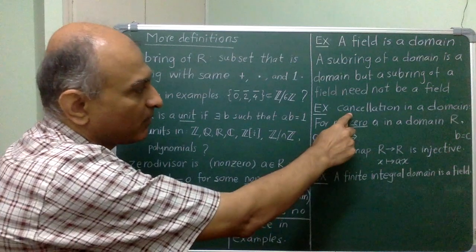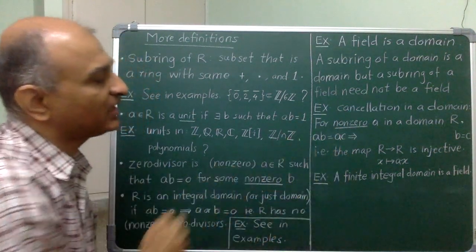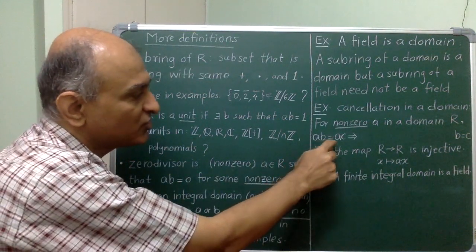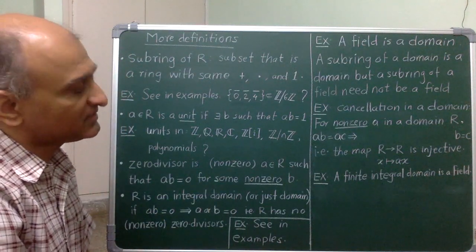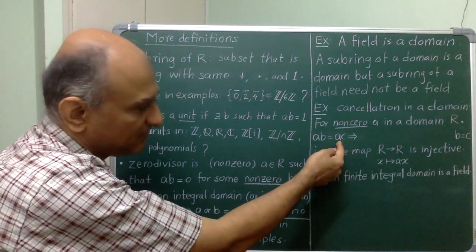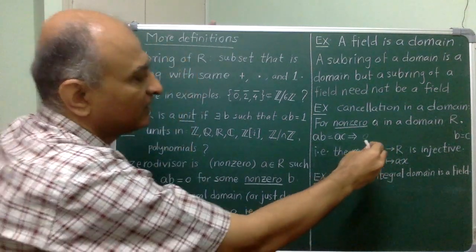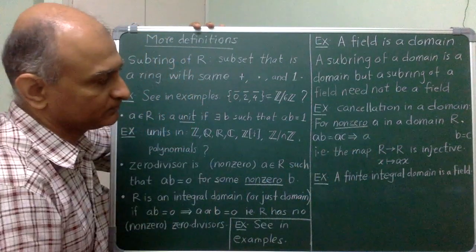For the cancellation property, let us take a non-zero A and let's suppose that AB is equal to AC. Now A may not be invertible, so I cannot just multiply this equation by A inverse. But since I am in a ring, I can subtract and get AB minus AC is equal to 0.